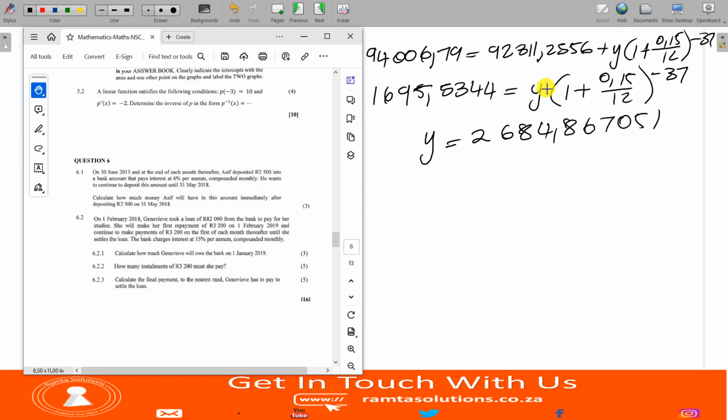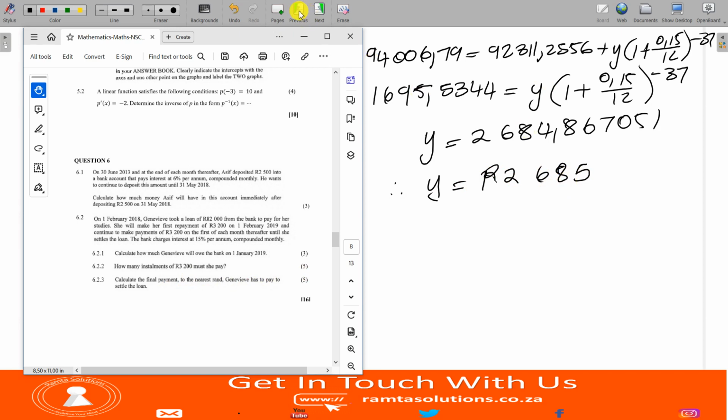2,684.867051. However, they said you must write your answer to the nearest rand. Therefore Y equals 2,685 rand. So Genevieve, for the last payment, must pay 2,685.